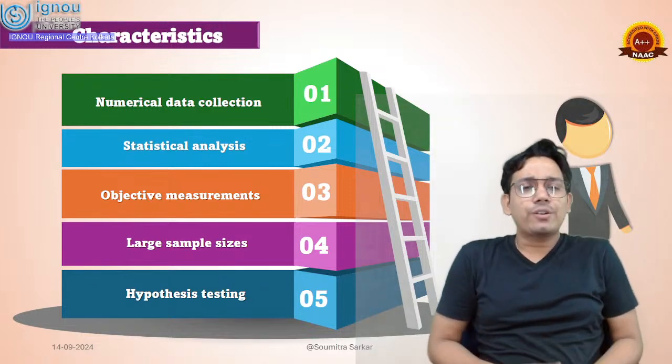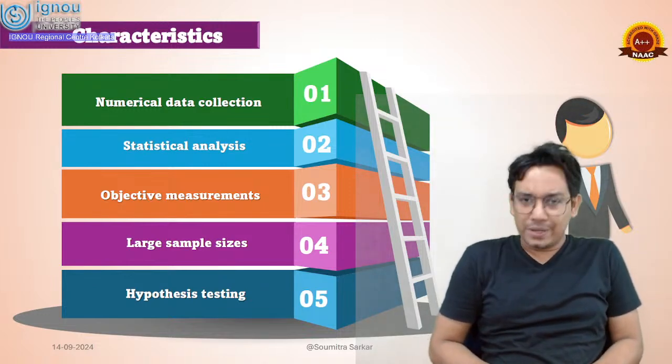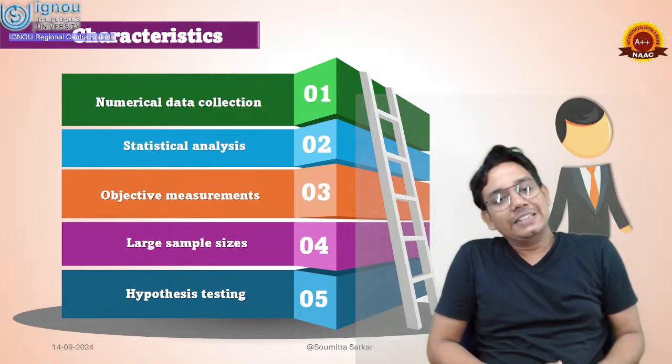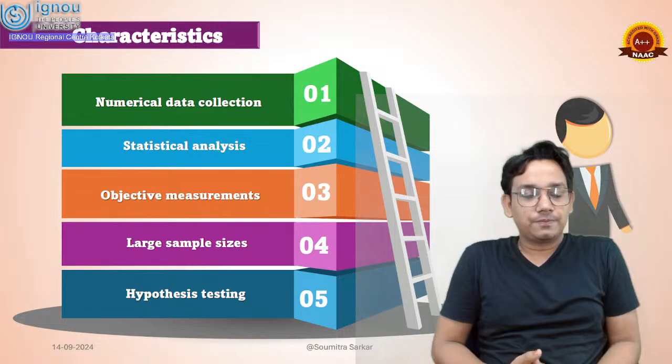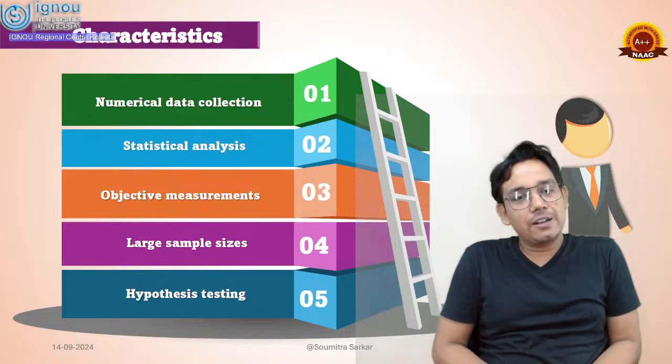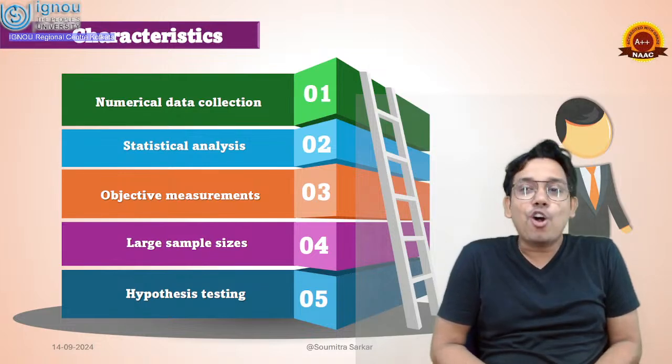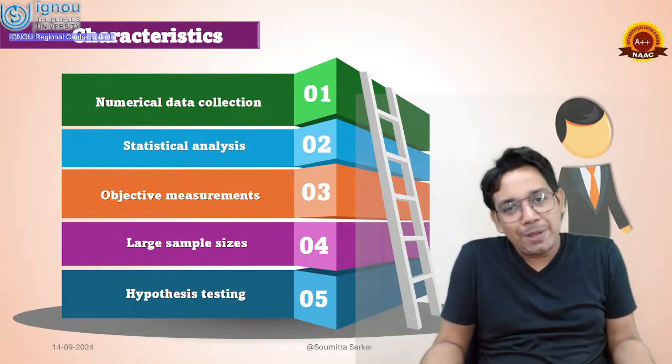Here are some important characteristics of quantitative research. First of all, numerical data collection. Quantitative research always focuses on numerical data. That's why it is called quantitative, otherwise it can be qualitative.